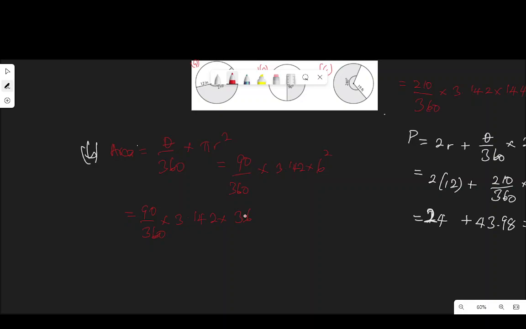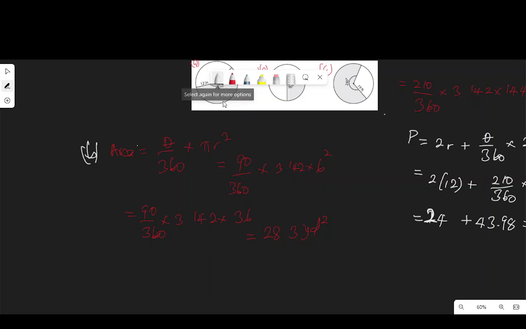Let's plug that into calculator. 90 times 3.142 times 36 and divided by 360. That is 28.3 approximately. What is a unit? The unit is yard. So yard square is the area.